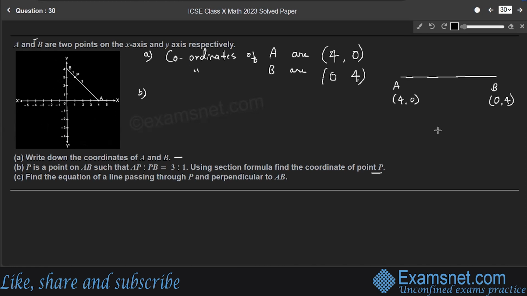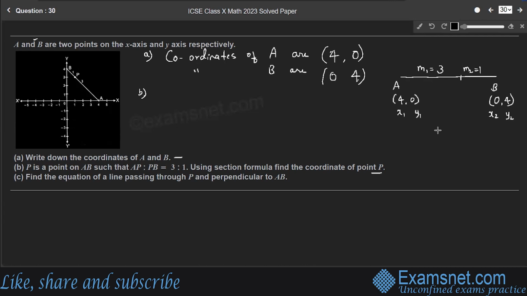P is a point on AB, so the ratio AP to PB is 3:1. So this part is 3, this part is 1, which means m1 is 3 and m2 is 1. And the coordinates are x1, y1 and x2, y2, which are (4, 0) and (0, 4) respectively.